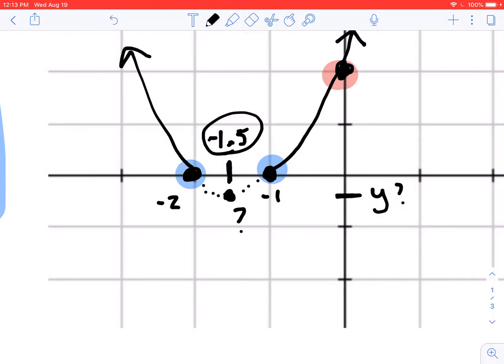So if we found that halfway point of negative 1.5, we can plug this in for x into our equation, and it will spit out a y value that we can then plot. So let's go back through that process and see if we can't figure out where on earth that minimum value is.